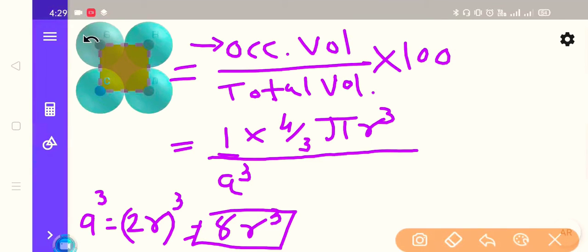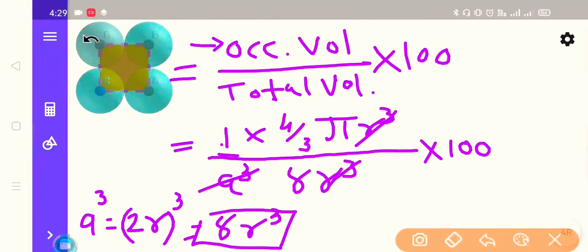So let us place this value in our equation. Our equation will be 1 multiplied by 4/3 pi r cubed, divided by 8r cubed, multiplied by 100. Now we can cancel out r cubed, and the remaining values are just numbers. You can place the value of pi here and calculate it, and finally you will get 52.36%.